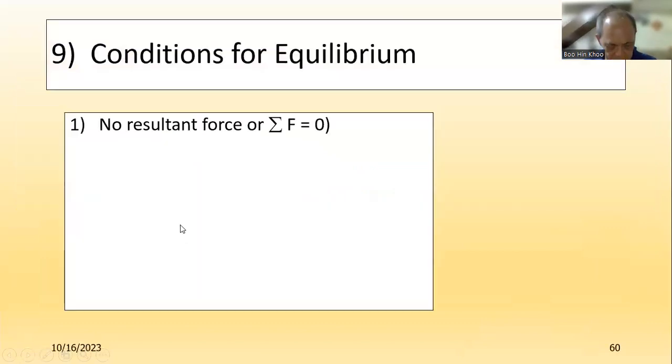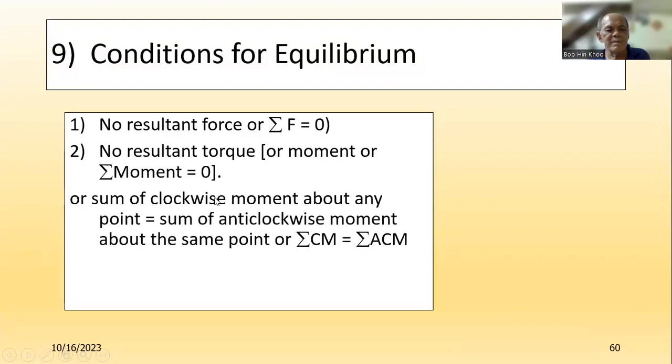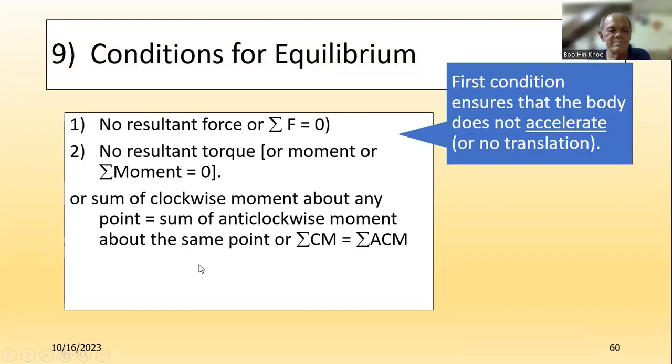So we will state the conditions for equilibrium: no resultant force, no resultant torque, or moment, or the sum of moments equals 0, or the sum of clockwise moments equals the sum of anticlockwise moments. That's the other alternative: sum of clockwise moments about any point equals the sum of anticlockwise moments about the same point. Right?